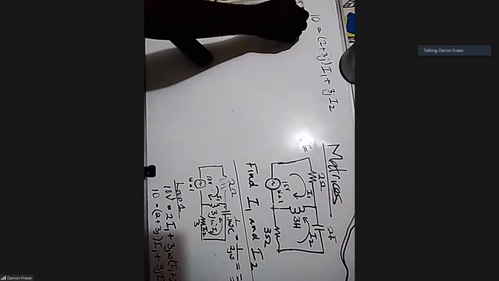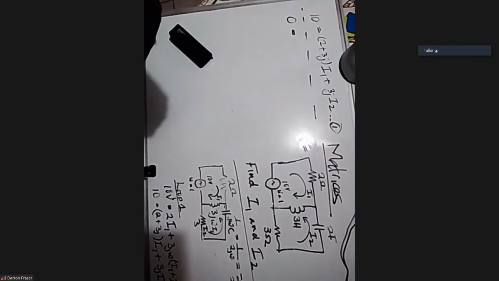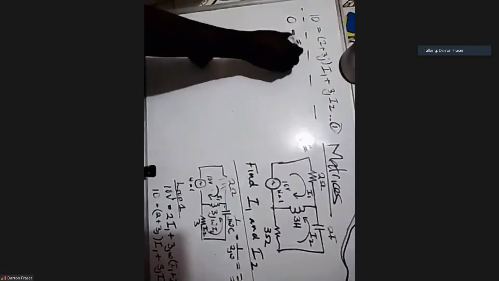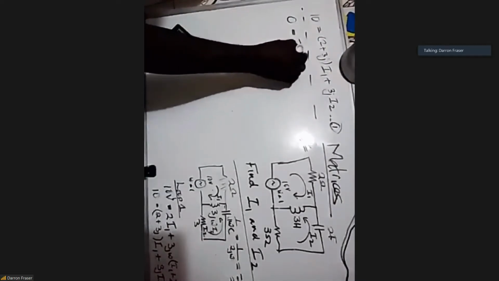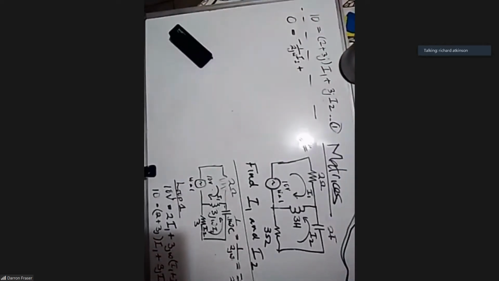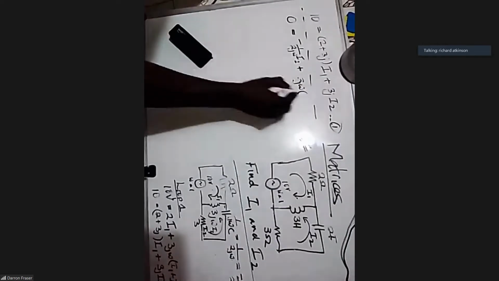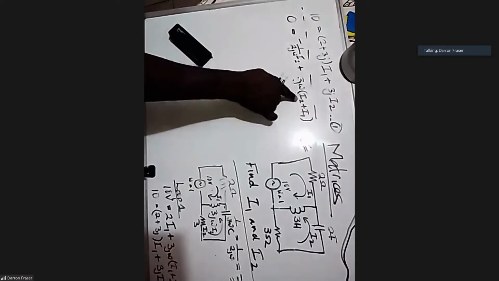And the second equation is 0 is equal to... There's no source, so we write 0. 0 equal 1 over 2j omega, minus 1 over 2j omega I2 plus 3j omega I2 plus I1. Start with I2.